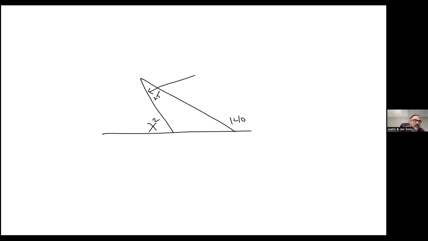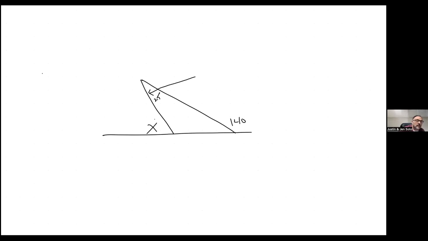Because that says x squared, I should say x degrees there. Sorry about that. That threw you off. I apologize. That should be x, and I need to have a degree sign there. So what's the measurement of x?